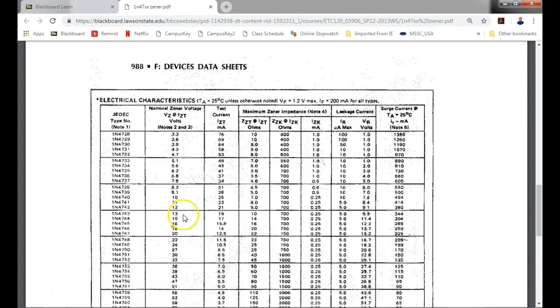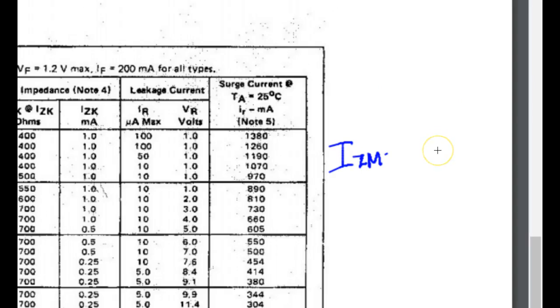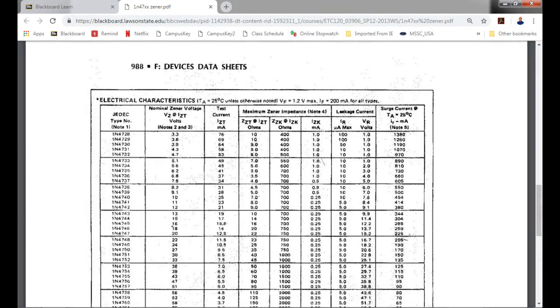So if I'm looking at this guy right here, what would IZ max be for this 8.2 volt Zener? So IZ max would equal, I've got to figure out what I'm doing to make it zoom.